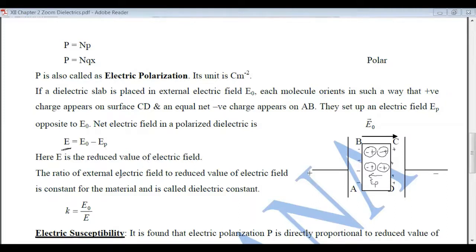This can also be written as, we have already studied, the ratio of the electric field in air to the electric field in a medium is called the dielectric constant.